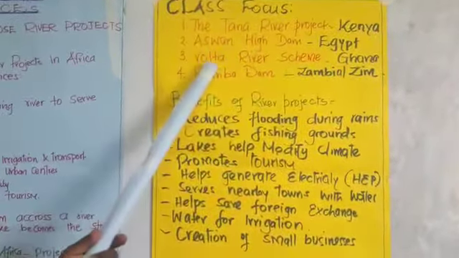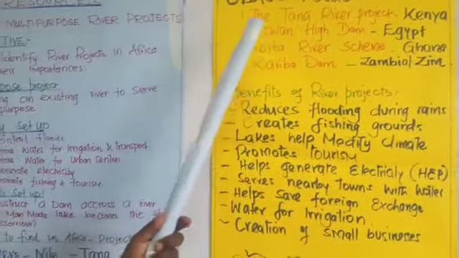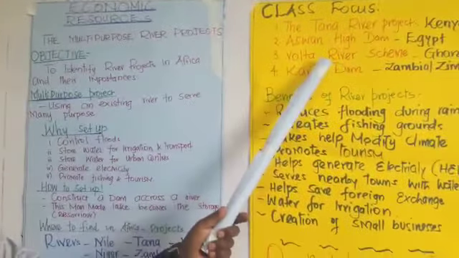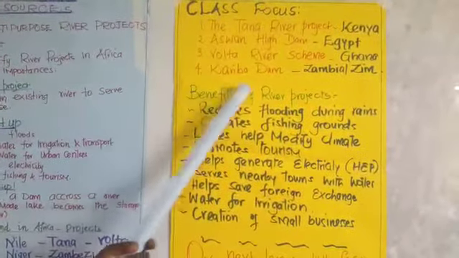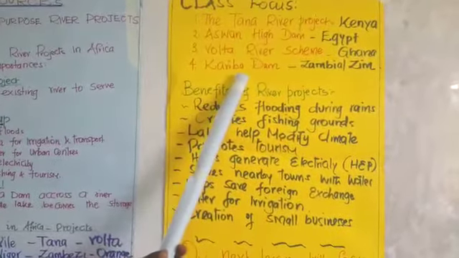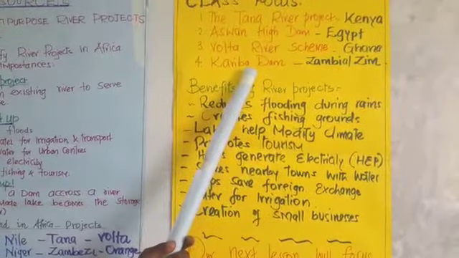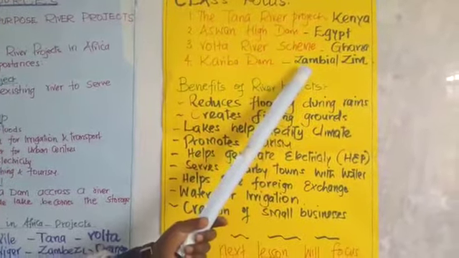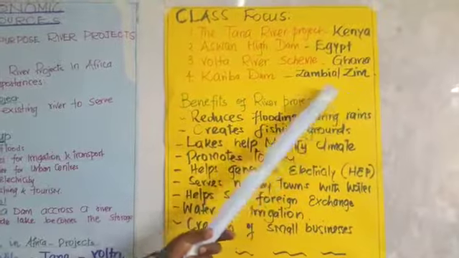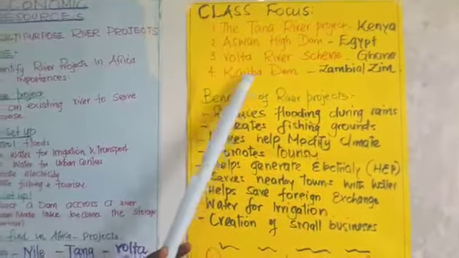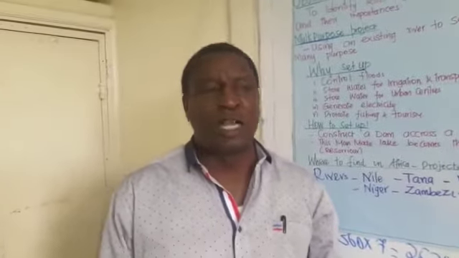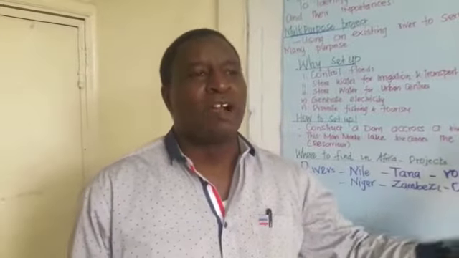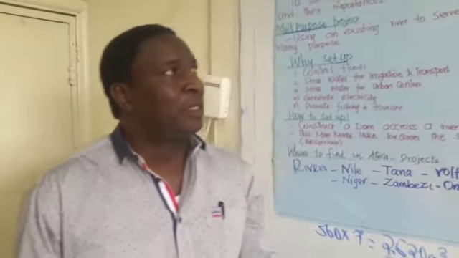Remember, River Volta has 3 tributaries. That is why we call it a river scheme. Then we have the Kariba Dam, the largest man-made lake in the world, found in Zambia and Zimbabwe. Remember, it is also near one of the famous wonders of the world, the Victoria Falls.